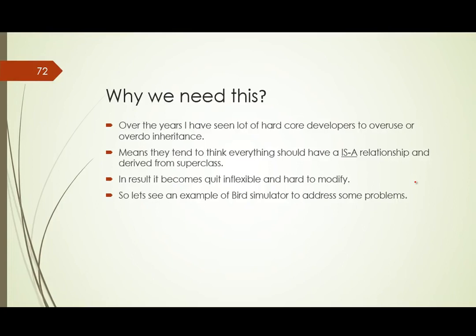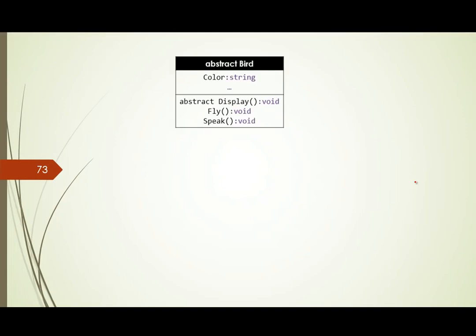So let's see an example of a bird simulator to address some problems. Let's say we have a bird simulator with an abstract class named AbstractBird. The class has some properties, like the color of the bird or how it speaks.